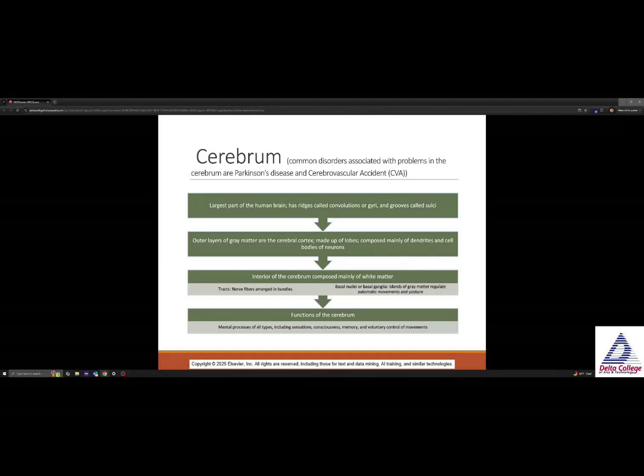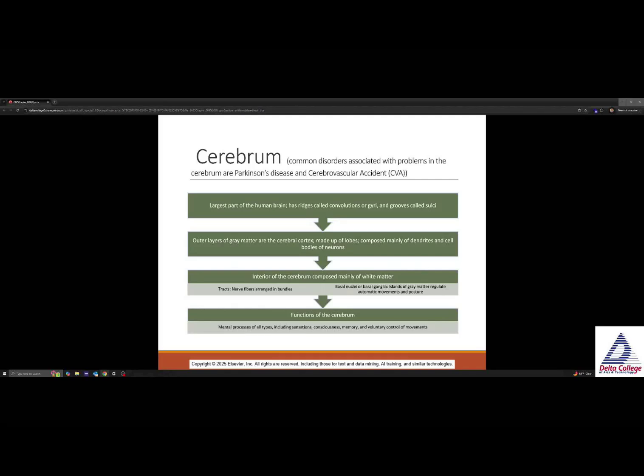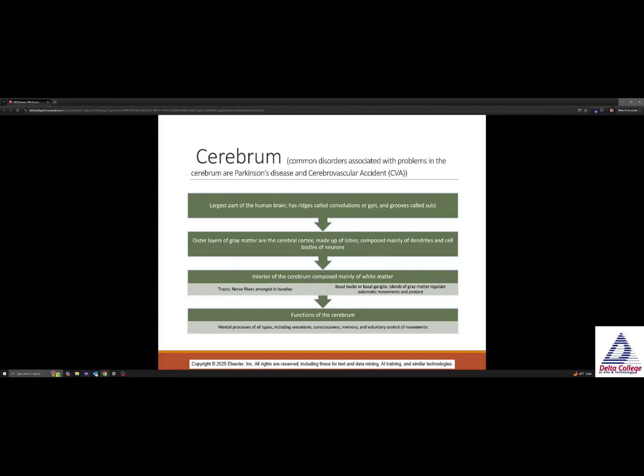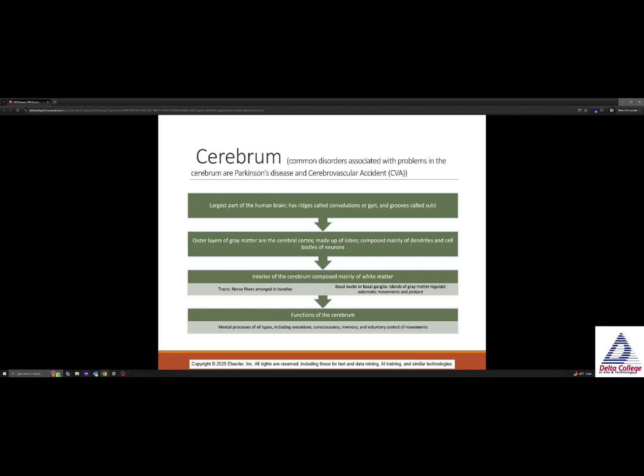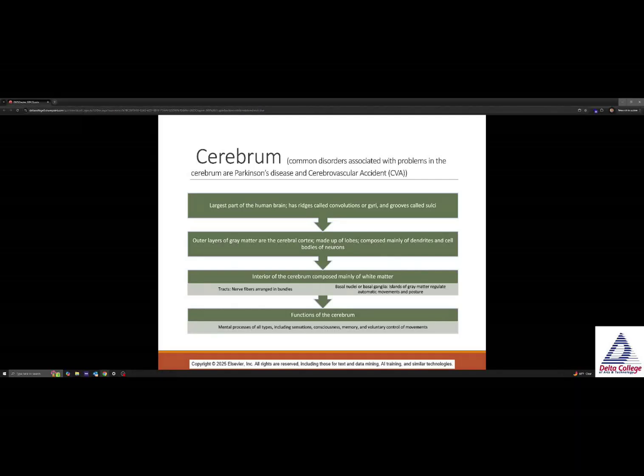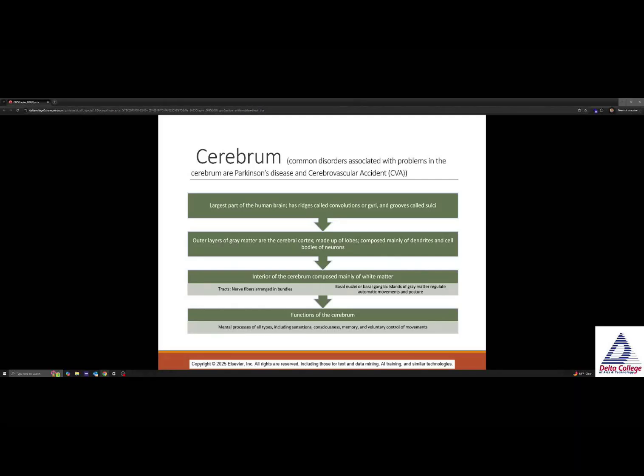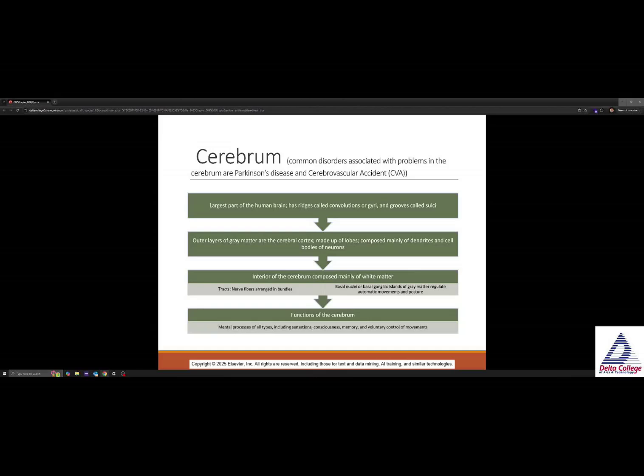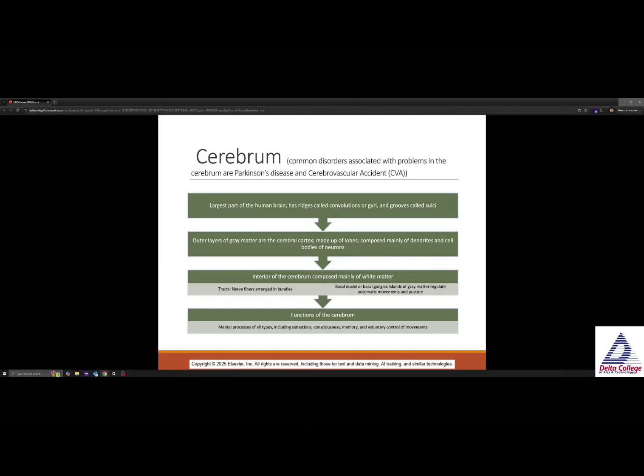The basal nuclei, also known as the basal ganglia, are little islands of gray matter that regulate automatic movements and posture. So that is important. Functions of the cerebrum are mental processes of all types, including sensations, consciousness, memory, and voluntary control of movements.